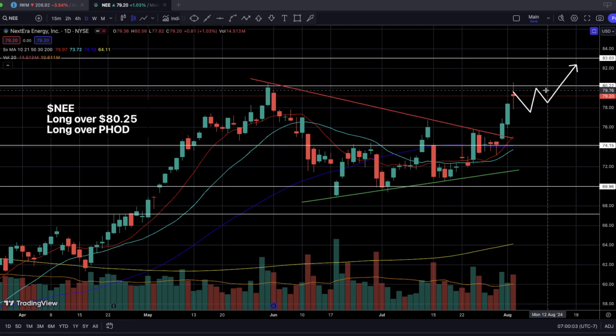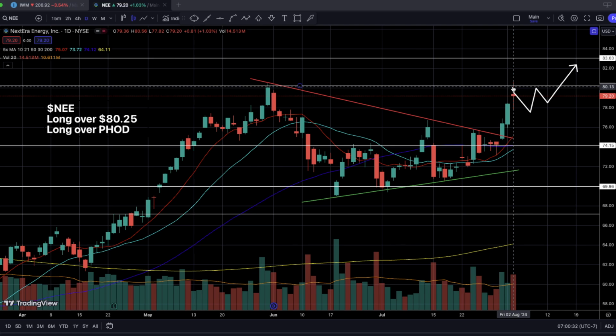80.25. But again, if you guys want to have a little bit more time and wait out the price to finally consolidate underneath this $80 resistance level, then you can simply look for an entry point over the previous high of the day, or last Friday's high of 80.56, which also happens to be right over that 80.50 whole number level.